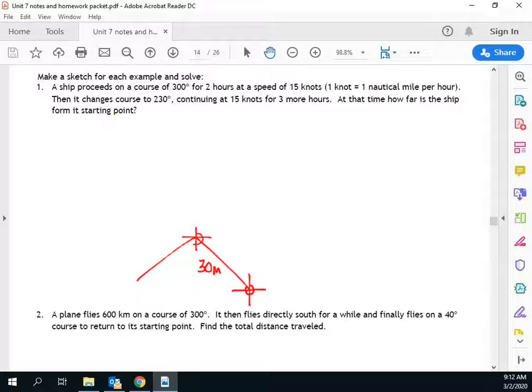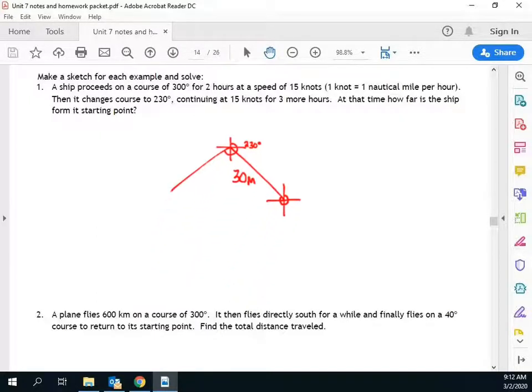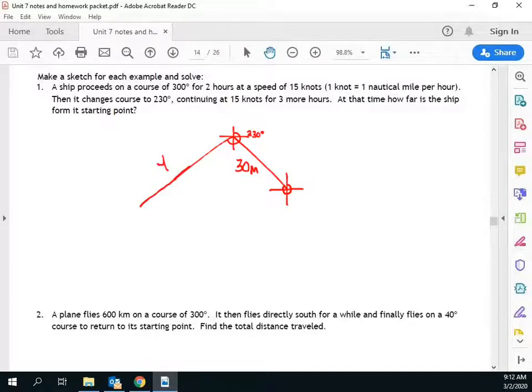And I usually draw... sorry, I'm trying to get it centered. There. So with 15 knots for 3 hours, that's 45. So I'll make it a little bit longer than my 30.